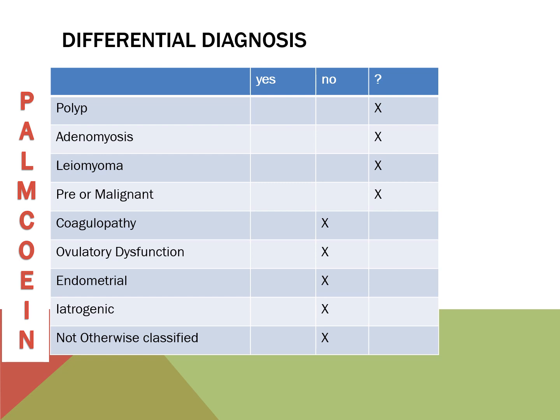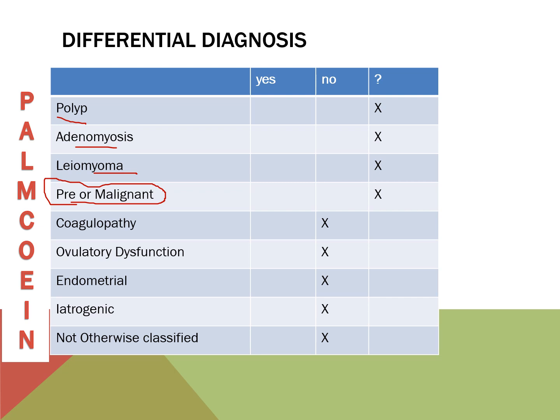Though the bulkiness of the uterus usually suggests adenomyosis or leiomyoma, and adenomyosis, leiomyoma and polyp are all under the effect of estrogen, so they can coexist together also. And I cannot exclude a pre-malignant or a malignant lesion in such an aged woman, beyond the age of 40.